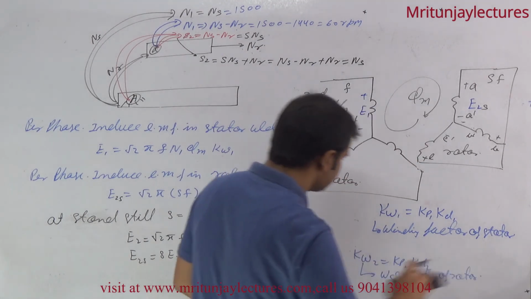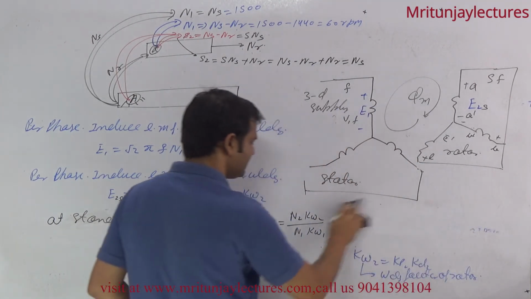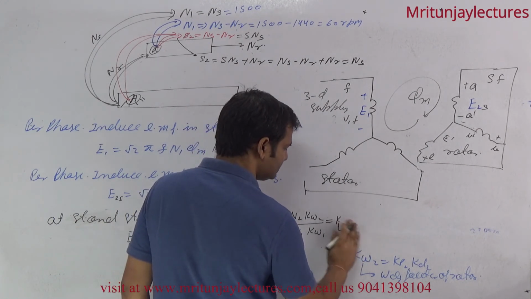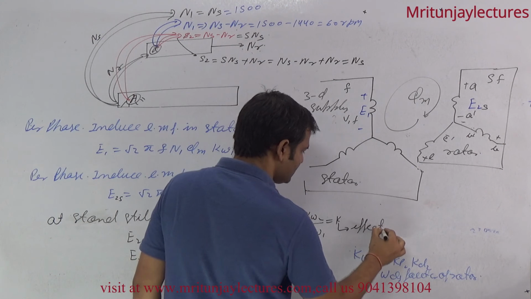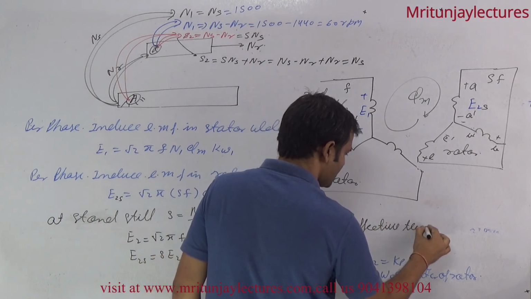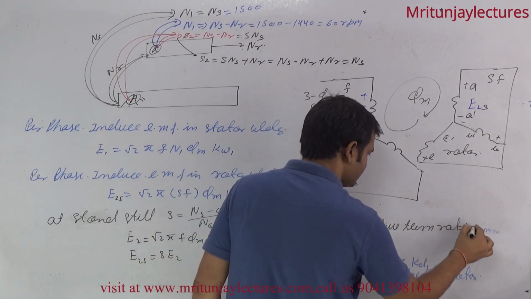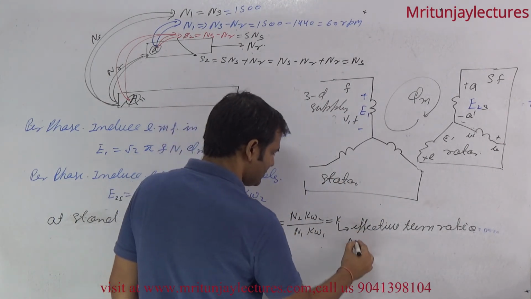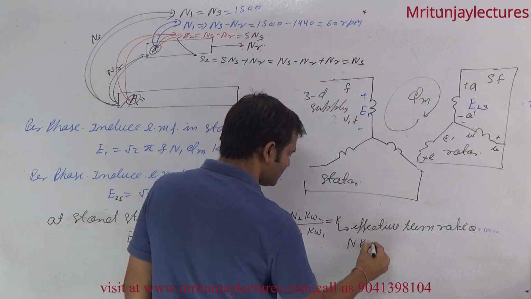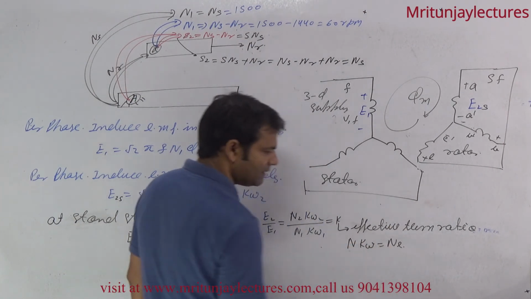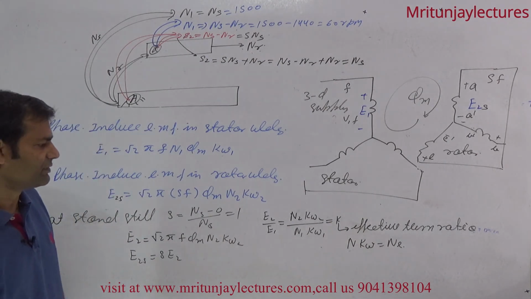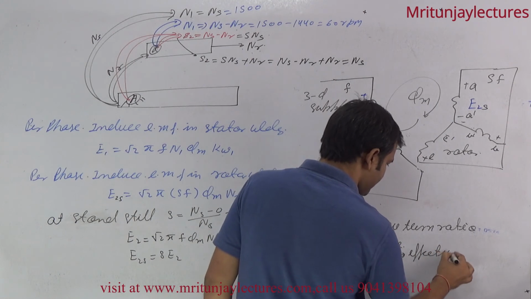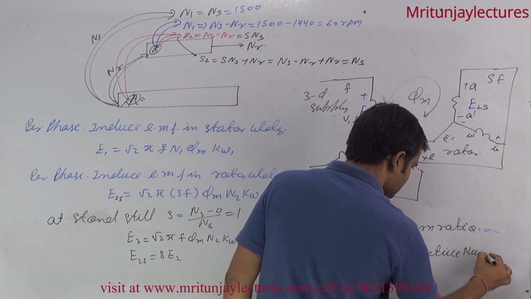This is called the effective turns ratio, K, and N into kW is called Ne, the effective number of turns.